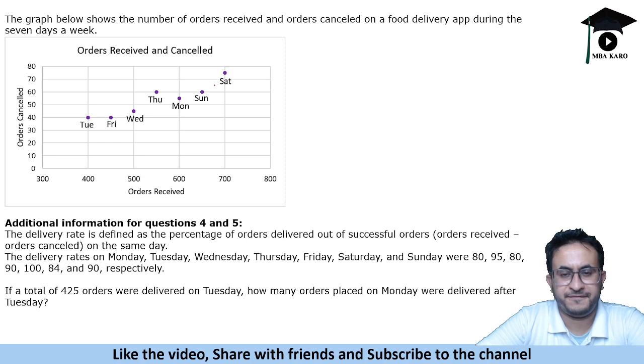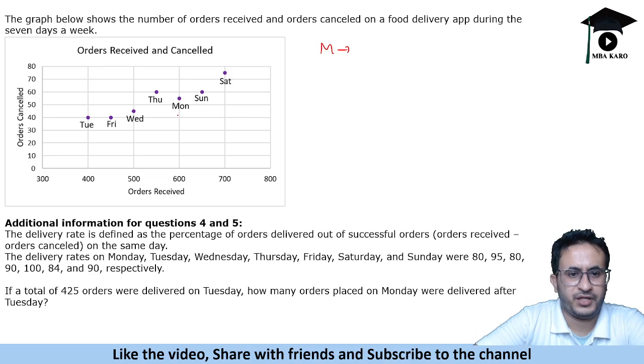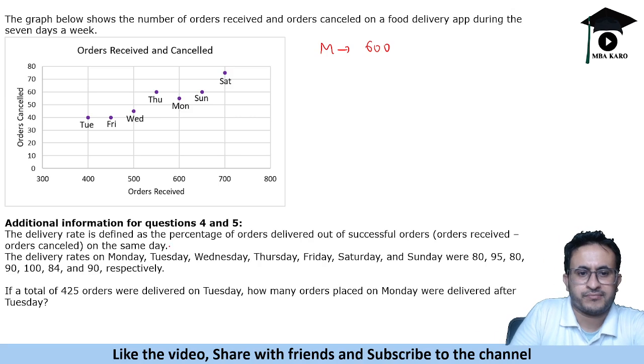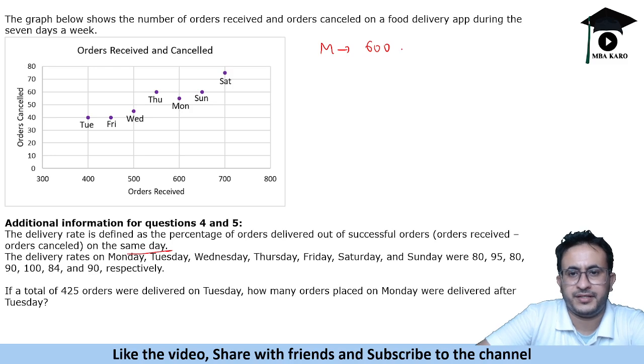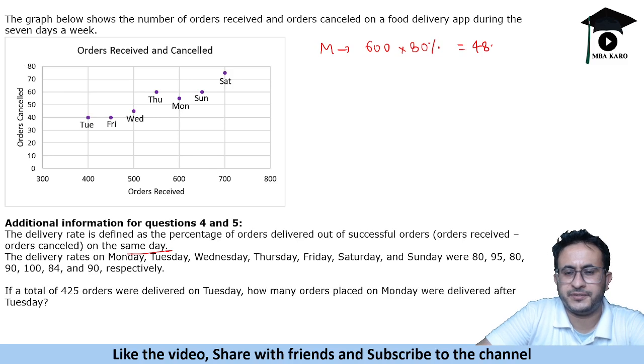So Monday, if we see, there were 600 orders. And it says the delivery rate of successful orders on the same day. So same day we had 80% delivered, so we have 480 delivered.